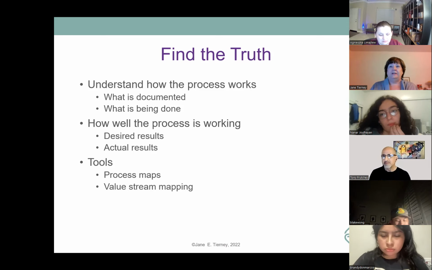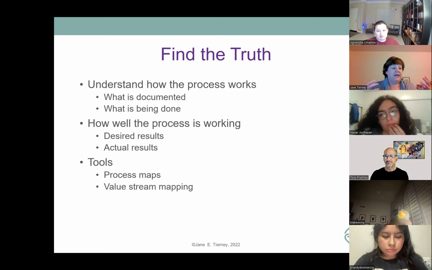So we're looking at documenting the process, what is being done, what is supposed to be done, and then comparing those two. And not only what is being done, but how is it working? So again, you go back to the documented process and say, what is supposed to be happening here? How is the result supposed to look? What's the outcome supposed to be?